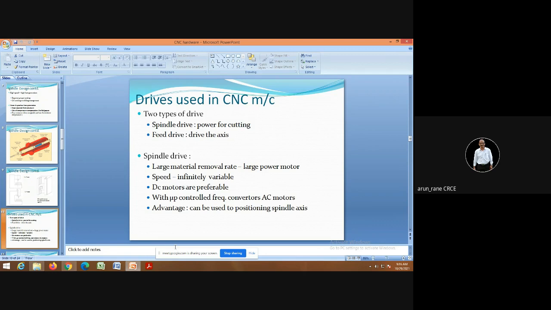And for this DC motors are preferred, and the technology is microprocessor control. Frequency converters can be used if AC motors are used.